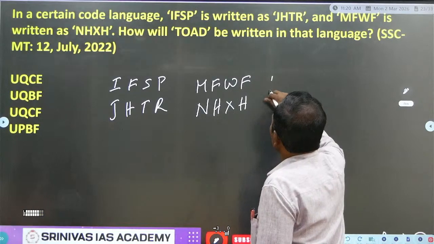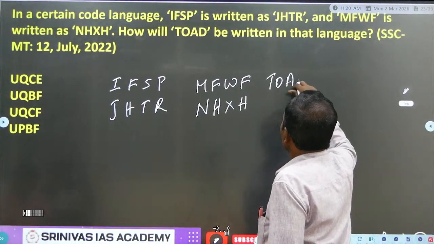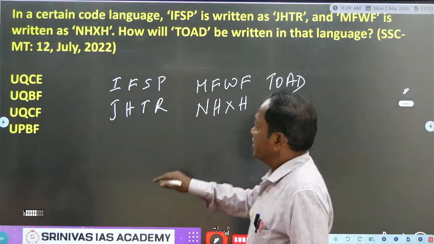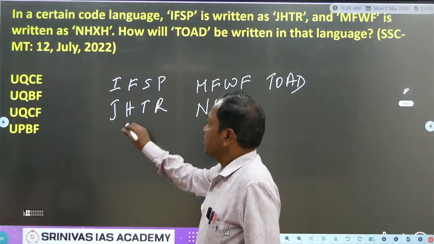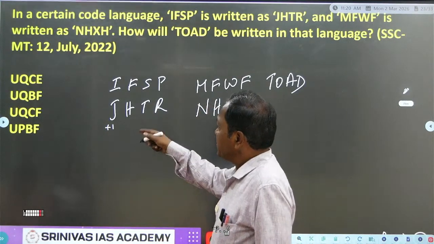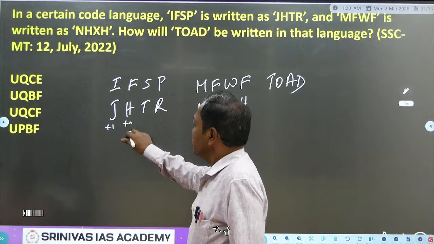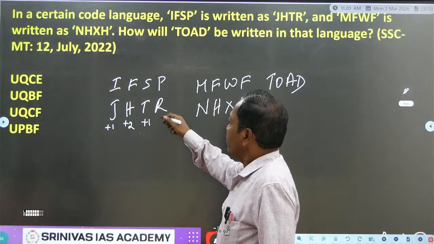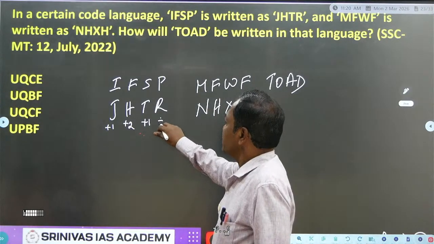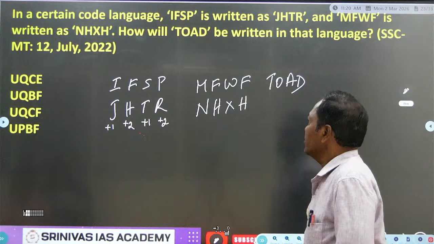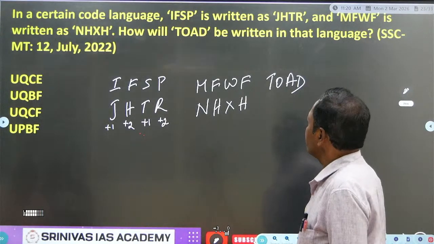How will toad be written in that code? Right. Now I to J, plus 1. F to H, plus 2. S to T, plus 1. P to R, plus 2. Plus 1, plus 2, plus 1, plus 2. The sequence is very clear, understood now.